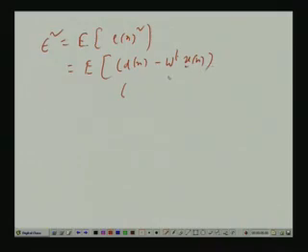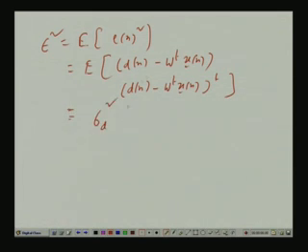So, I write this as d n minus W transpose x n into its transpose, because both are scalar. So, the transpose of a scalar is itself. Now, if we expand, E of d square n will give rise to the variance of the process d n, it is a stationary process. So, sigma d square, independent of n.